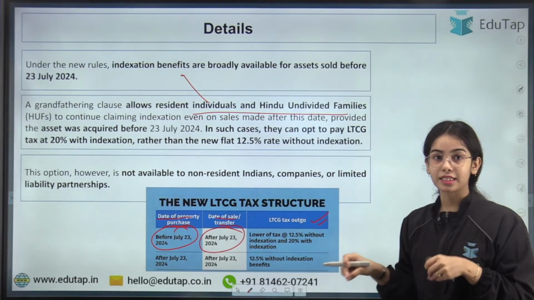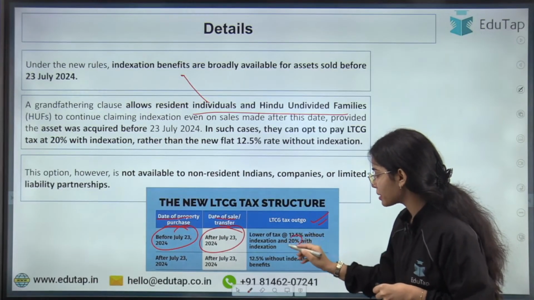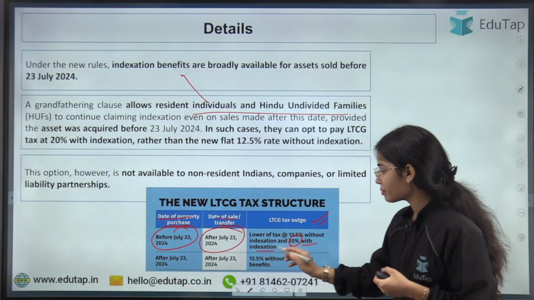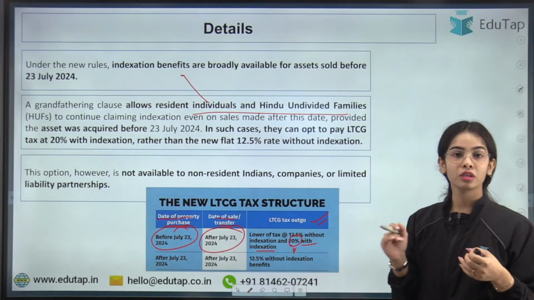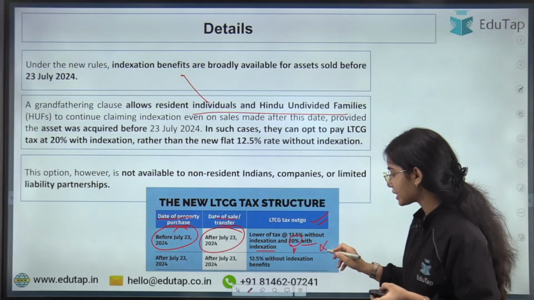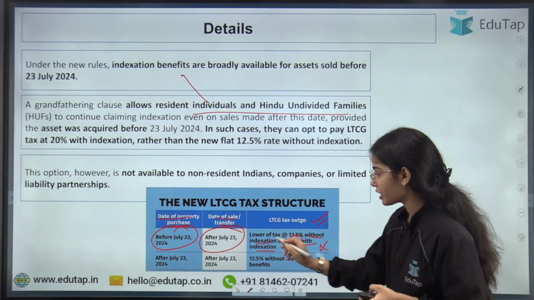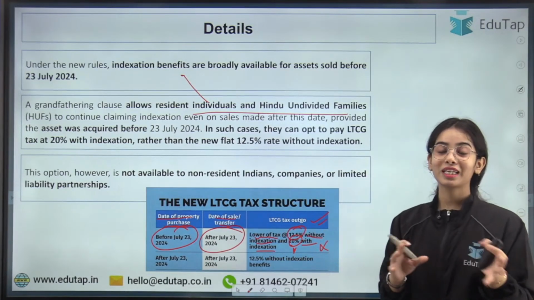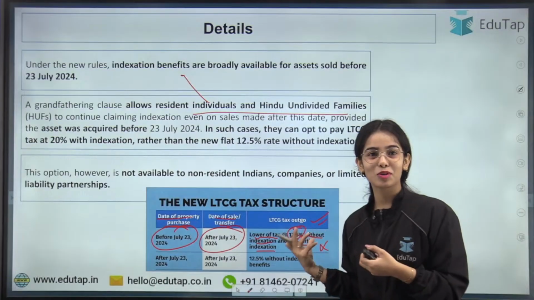But if we take the indexation benefit, we have to pay 20% of the long-term capital gain. In case we are not taking the indexation benefit, we can pay the lower tax of 12.5%. So you can understand that it has been made a little more complicated.